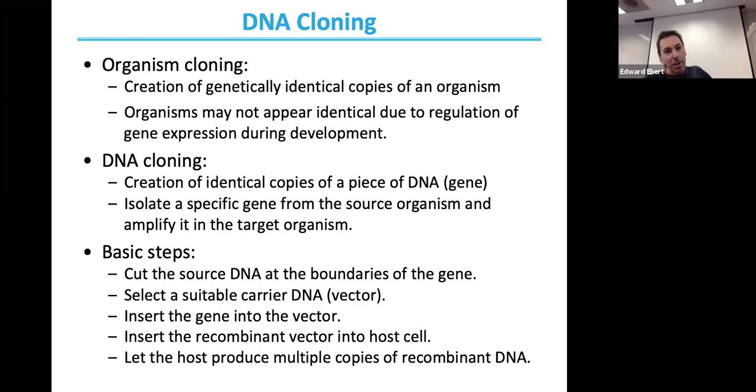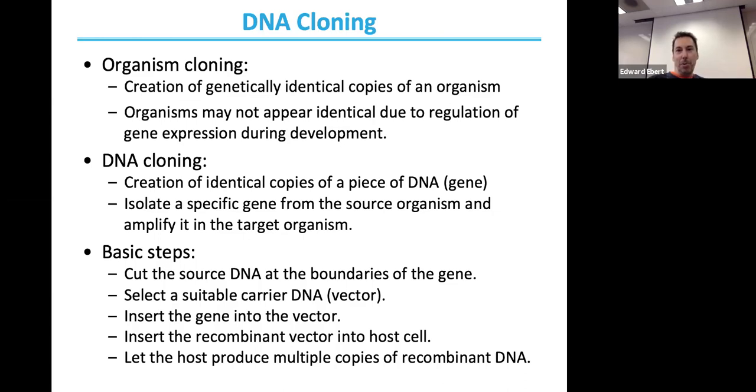On the other hand, DNA cloning is something that happens a lot. We may clone just a particular gene or a portion of a gene, or some piece of DNA or RNA in some cases, to fulfill some need.